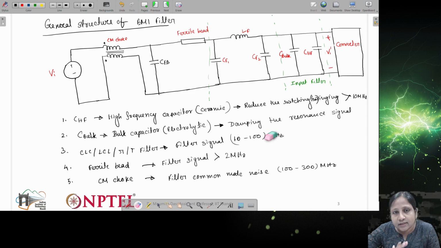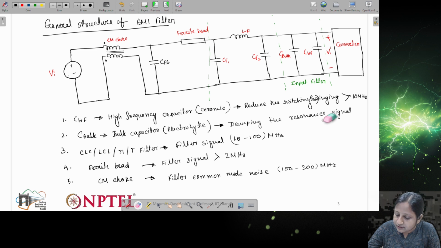So whatever signal is coming into this system, by using these different filter components we can filter out the noises in the range of 2 megahertz to 300 megahertz, right? After that it will go to the bulk capacitor.